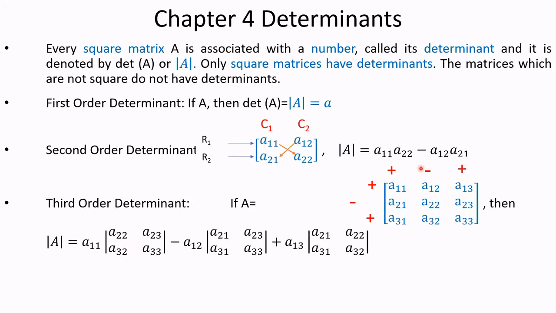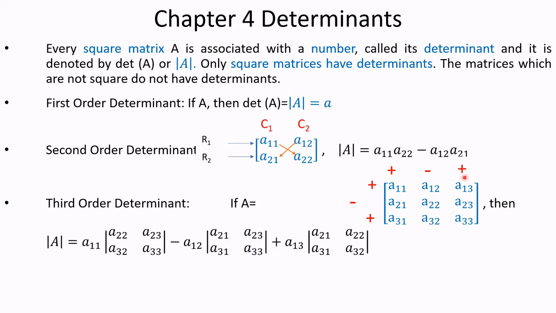Next we take minus A12, and we cancel the row and column where A12 exists. The remaining are taken. So A21 into A33 minus A23 and A31, as shown in the equation.